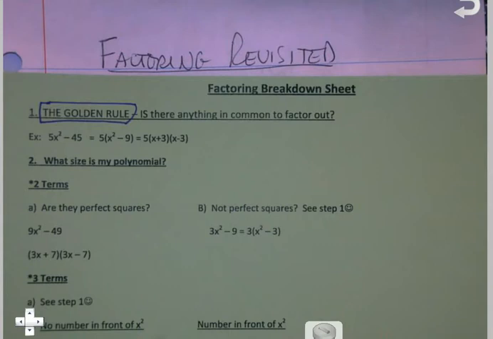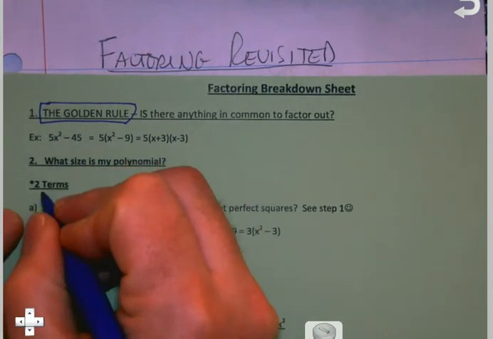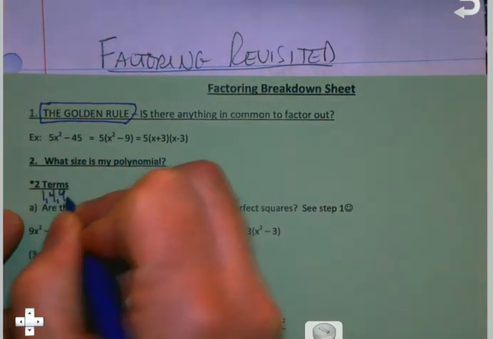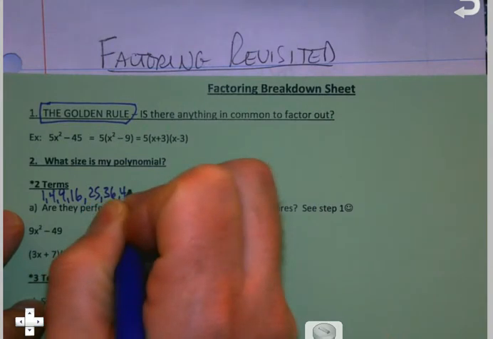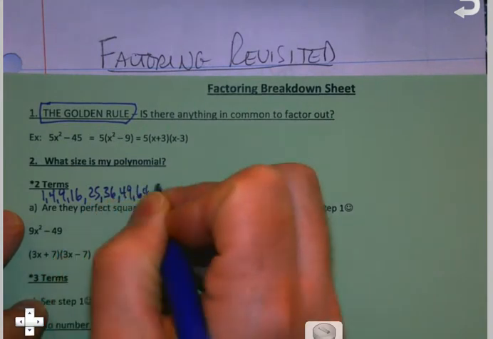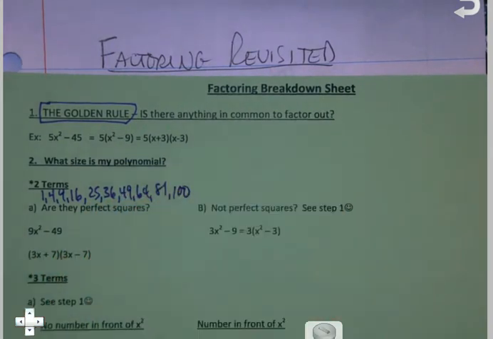Okay? Once I've passed that by, then I look to see, okay, what else can I do to it? Are they perfect squares? Now again, are they perfect squares? Reminder. If you see those values and there's only 2 terms there, probably it's going to be a difference of squares.